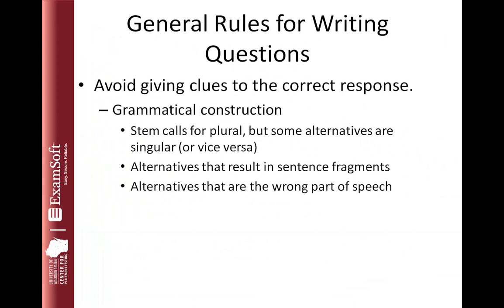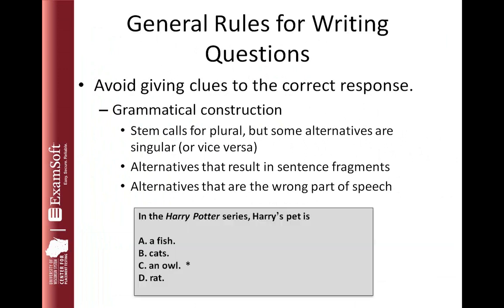Another way that we may give away clues to the correct answer is using incorrect grammatical construction. So if the stem of our item tells you that the answer should be plural, but some of the alternatives are singular, or vice versa, that could give it away. If the alternatives result in sentence fragments or are the wrong part of speech, that all helps the student identify that perhaps that's not the correct answer.